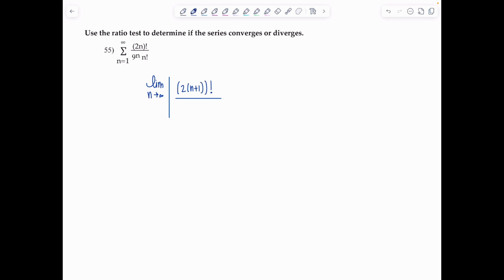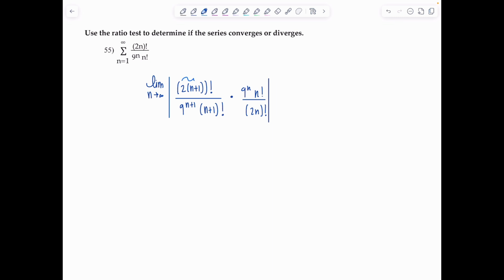Because we're going to have to distribute the 2 through. And then you have 9 to the n plus 1, and then n plus 1 factorial. That's all of a sub n plus 1. Divided by a sub n, so I'm going to multiply by the reciprocal of a sub n, 9 to the n, n factorial over 2n factorial. Are we all right? Okay, good.